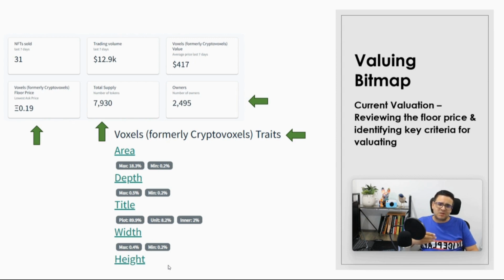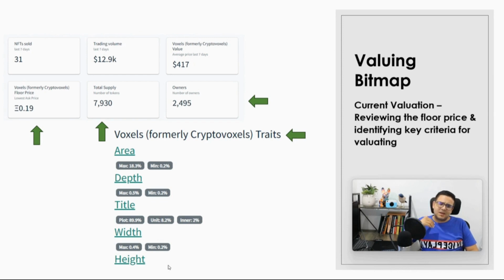So I used a website called nftstats.com, and they've got many projects associated with Ethereum. They also have some which you could consider similar to Bitmap in terms of metaverse projects. I've got one here on the screen, which is an example of Voxels, which was previously known as Crypto Voxels.